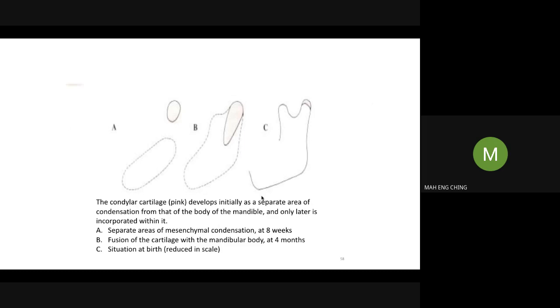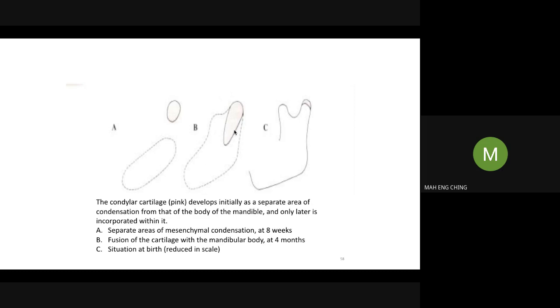So this one is just a summary. You see in A, the body of the mandible is still forming. And slowly we will see this secondary cartilage, which is pink color. It develops initially as a separate part, the mandible and the cartilage separate. Then slowly they come together and incorporate. You see this cartilage will grow inside the bone, or the bone will cover the whole cartilage.